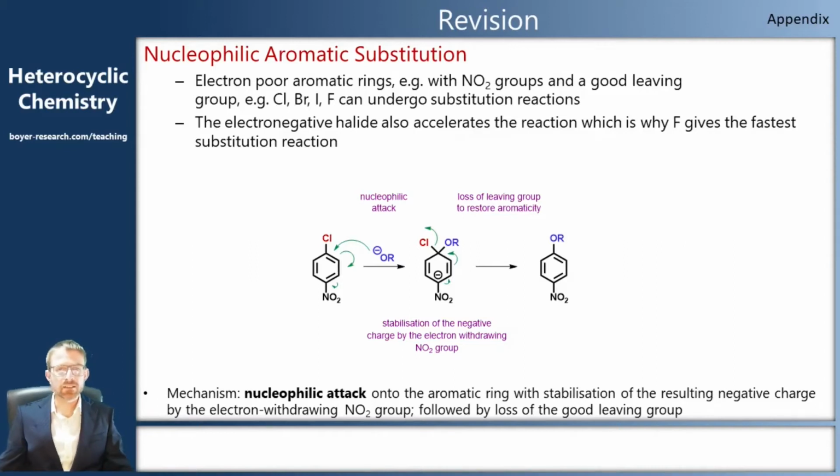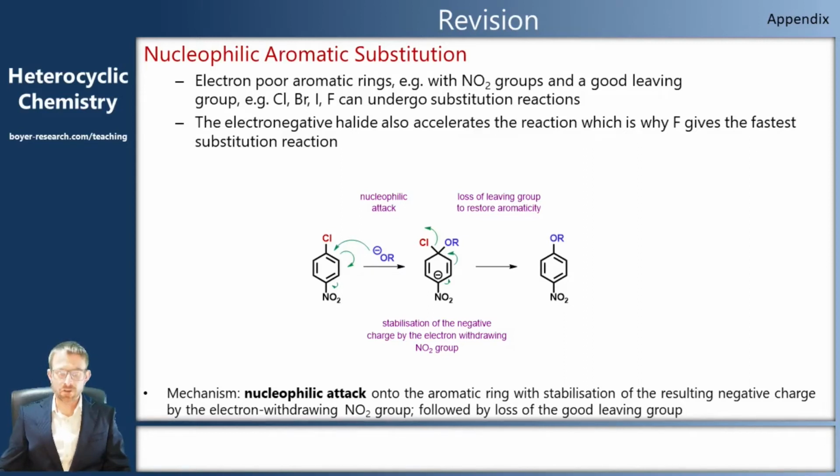In nucleophilic aromatic substitution, electron-poor rings, for example, those with nitro groups, or ketones, or sulfonyl groups, or nitriles, undergo nucleophilic substitution if there's a good leaving group, for example, a chloride, bromide, iodide, or fluorine. The electronegativity of the leaving group further accelerates the reaction, which is why the substitution of fluorine is the fastest of all of the reactions, because it is the most electronegative.